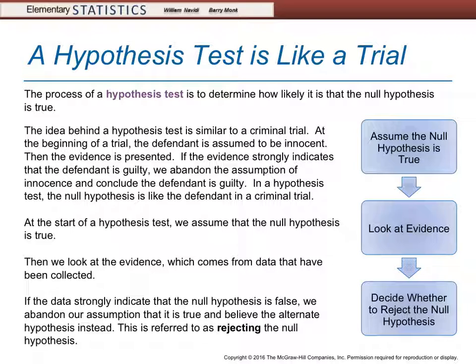This is referred to as rejecting the null hypothesis. So again, we assume current conditions. The null hypothesis is true. We look at the evidence, and then we decide whether to reject the null hypothesis.